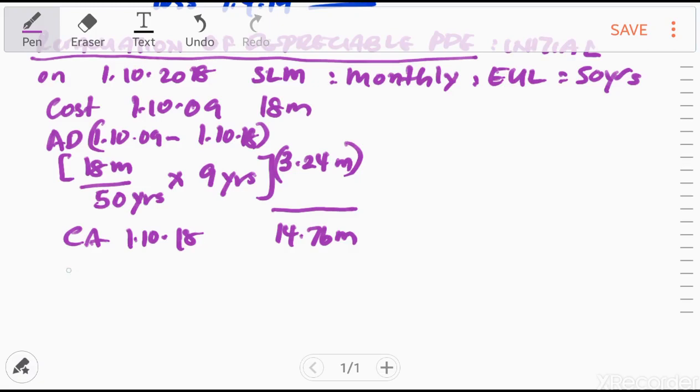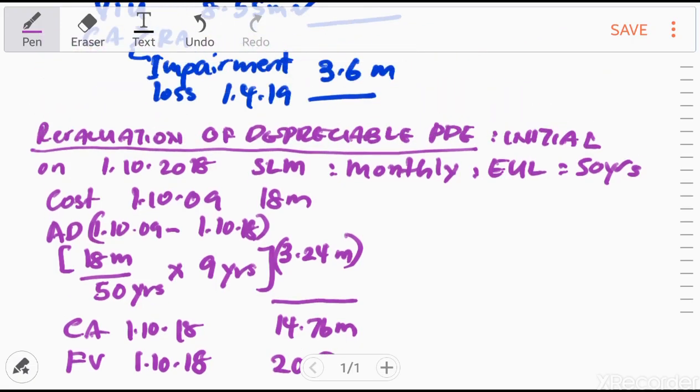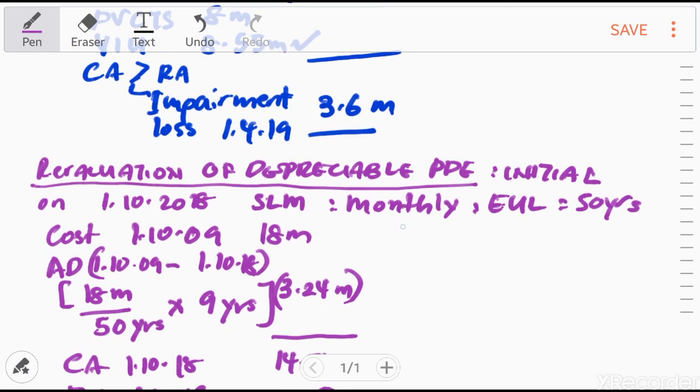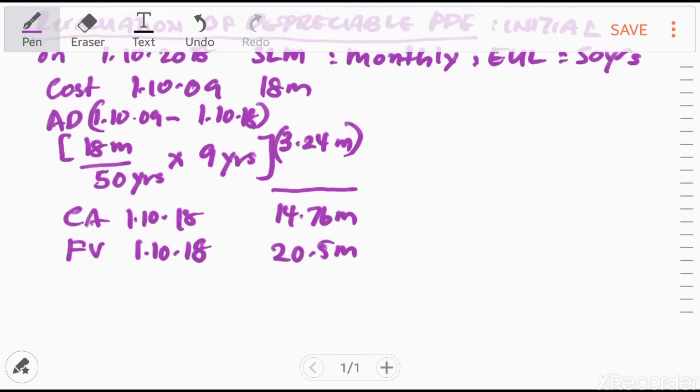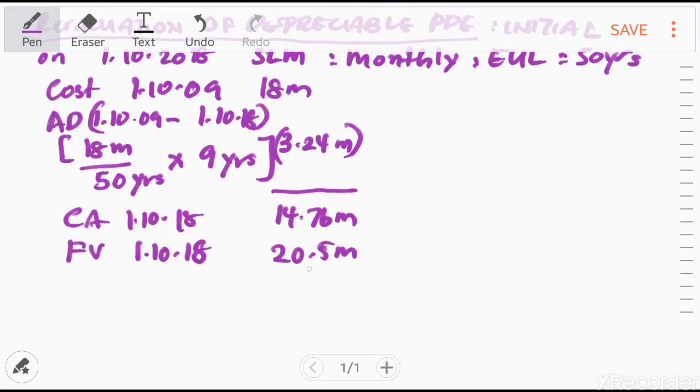If you compare with the fair value given on that date, 1st of October 2018, that was 20.5 million, given in the question. Therefore, there is a surplus.